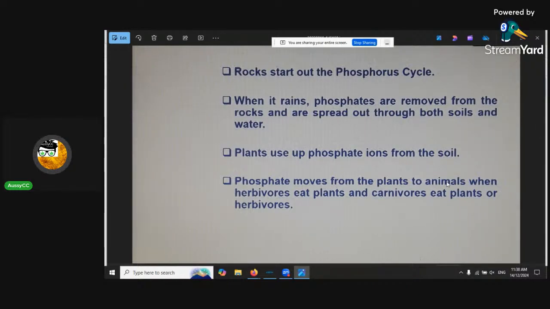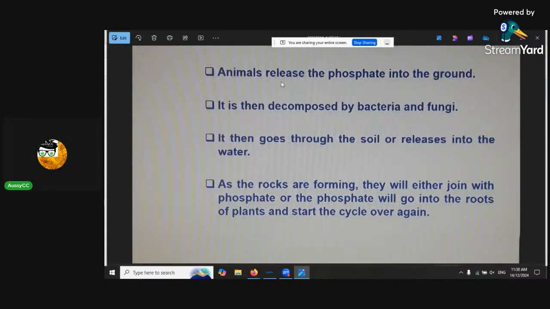Phosphate moves from plants to animals, where herbivores eat plants and carnivores eat plants and herbivores. Animals release the phosphate into the ground. It's then decomposed. It goes through the cycles, and as the rocks are forming, they will either join with phosphate, or the phosphate will go into the roots of the plants and start the cycle over again.